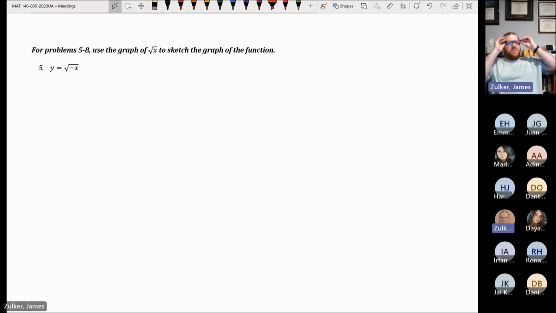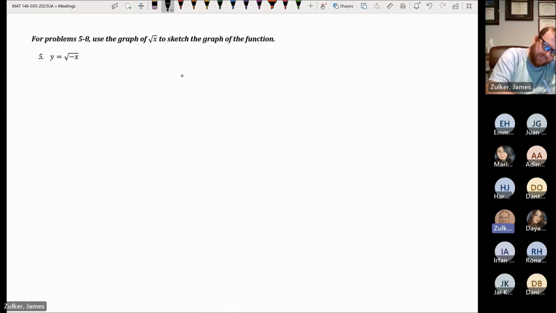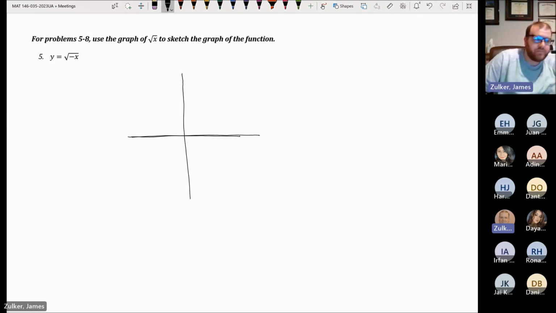So we're working with square root of x this time. That should be good enough.